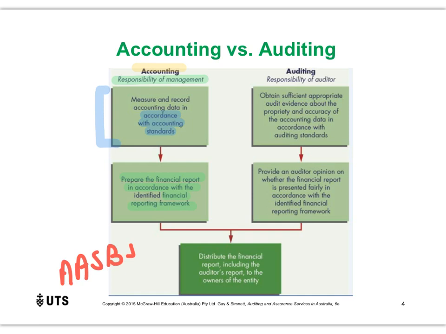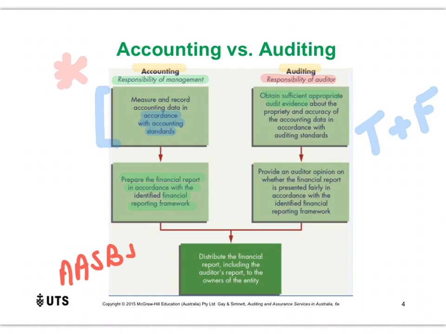So what's our job as the auditor? What are we responsible for? Well, if you look on the right-hand side, under the heading of auditing, you see responsibility of the auditor. It is our responsibility to come in. We need to perform our testing. We need to gather appropriate evidence, indeed sufficient appropriate audit evidence, and we need to evaluate whether the information that has been prepared by management is indeed true and fair or not.